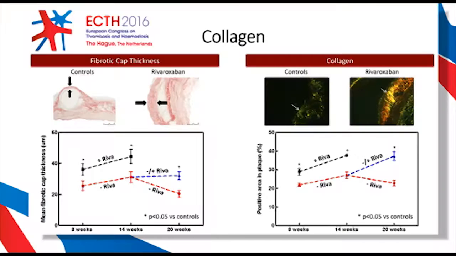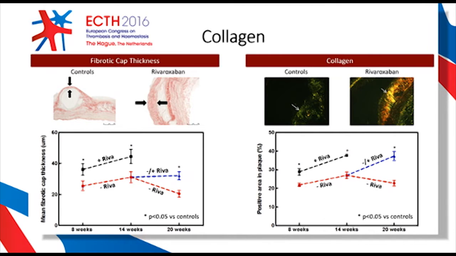And the same was found on the right. It's also Sirius red staining, but then analyzed with polarized light. And that's the total content of collagen in the plaques. And here again, already after 8 and 14 weeks, there was much more collagen in the plaques. And we were able to reverse that from 14 weeks to 20 weeks when we added rivaroxaban to the diet.